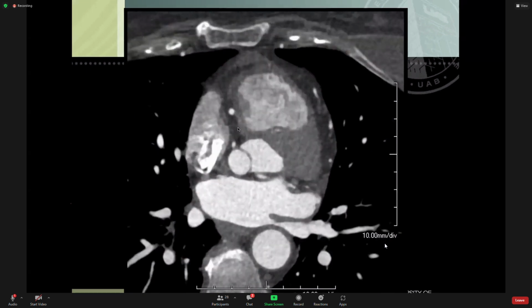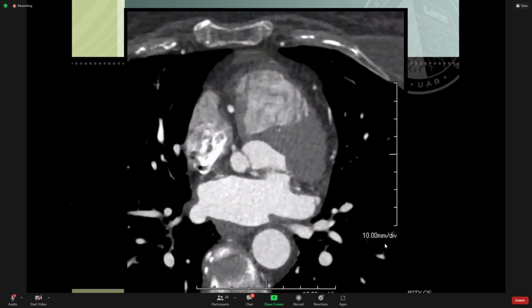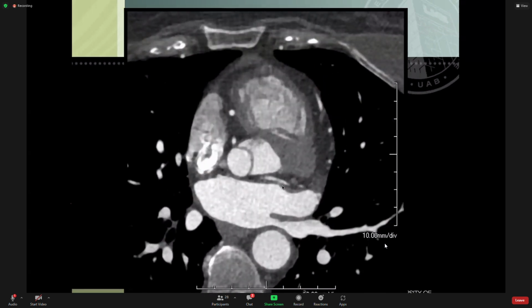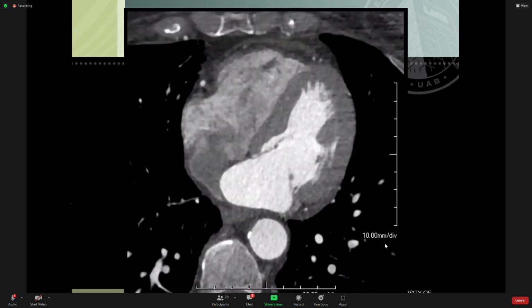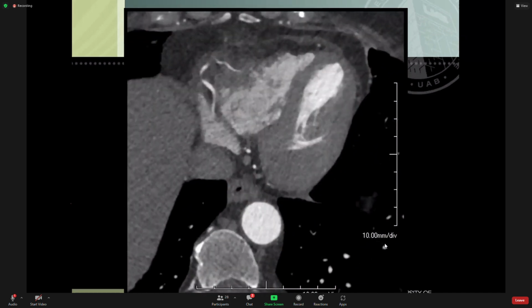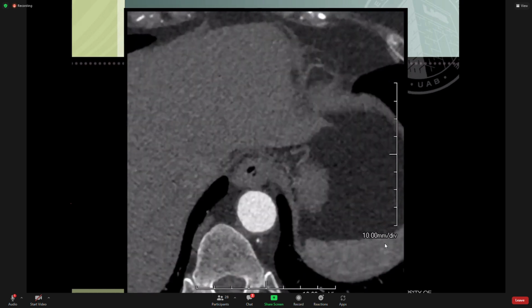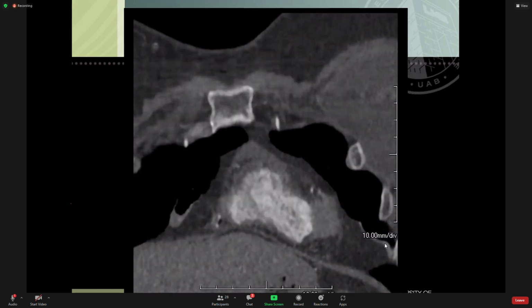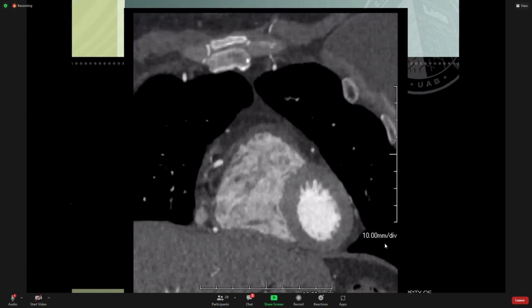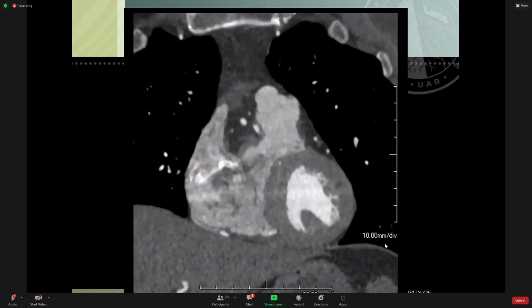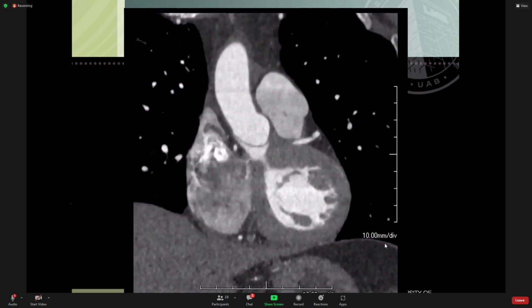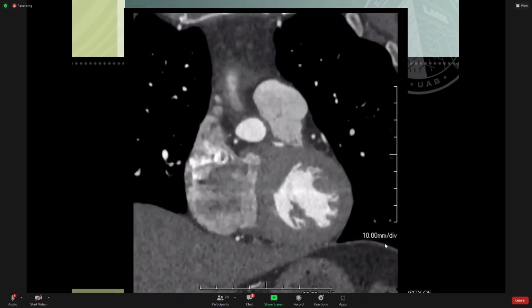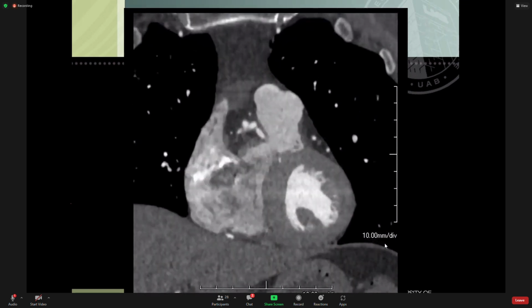Here you can see the circ coming off of the right cusp going to its normal location. And here we see on the coronals, no central dot sign. And we see it running through the top of the interventricular septum.